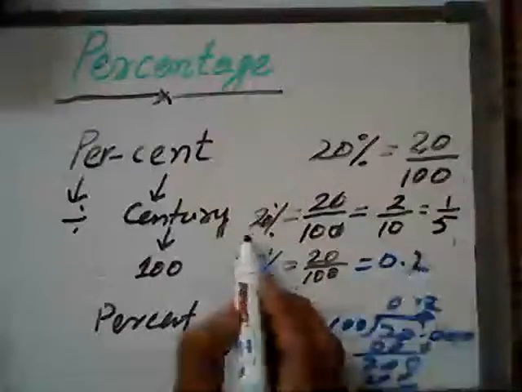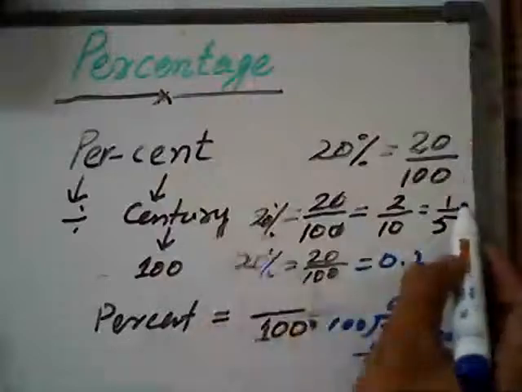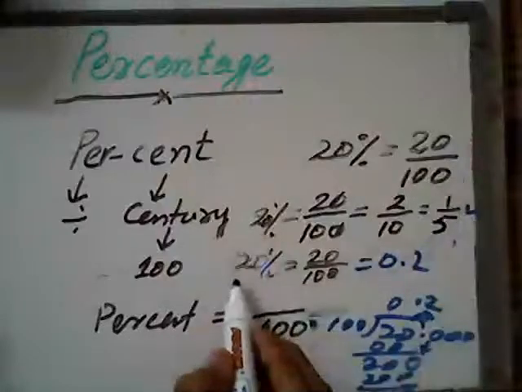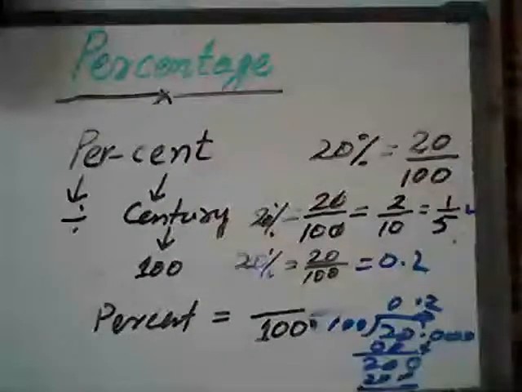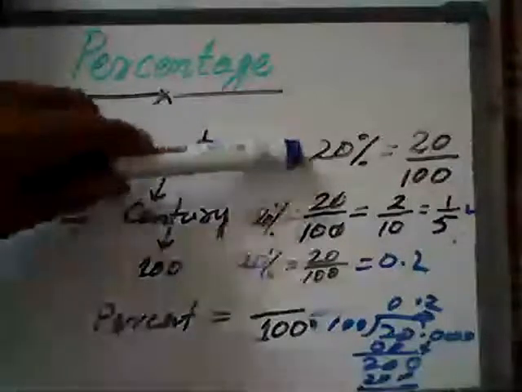So 20% is equal to 1 by 5, and 20% is equal to 0.2. These are the two ways in which we may convert a percentage.